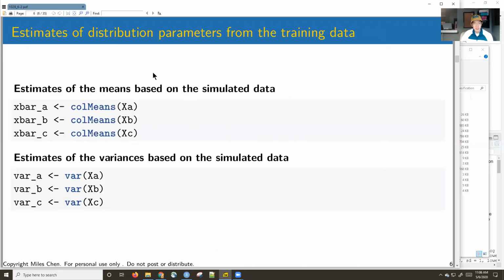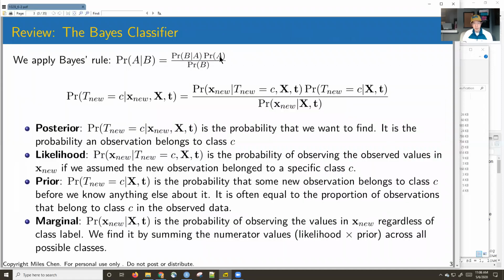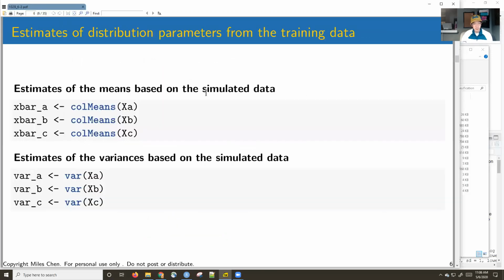Okay, so the way we're going to do this is we're going to estimate the parameters, because we want to figure out this likelihood. To estimate the parameters, we are just going to take the column means of each class. So I've got 30 observations that are labeled A, and I'm going to take the column means, and that's going to form my X bar.